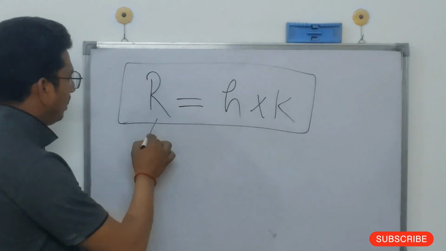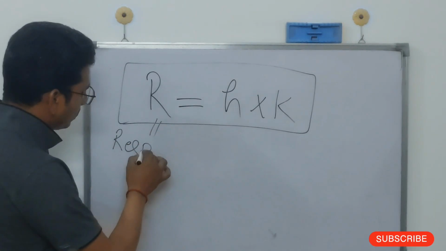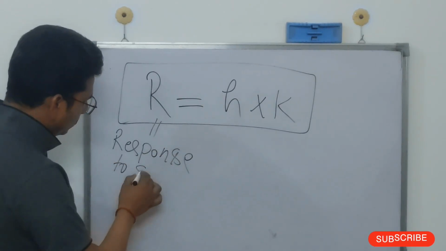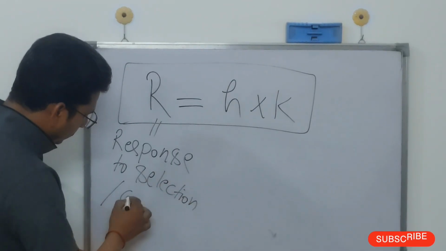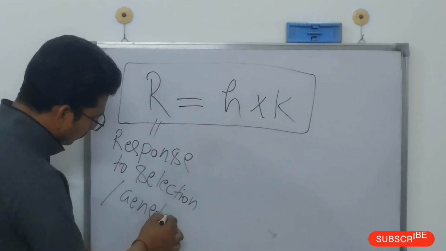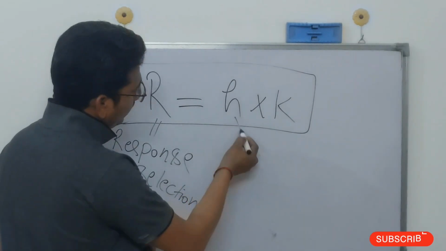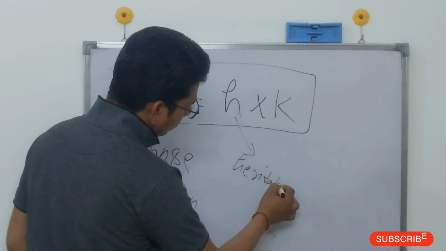So what is R? R is response to selection, or genetic gain, while H equal to heritability in narrow sense.